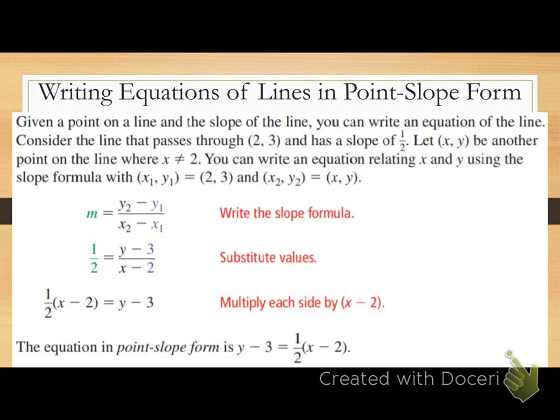Slope and intercept. I needed a slope. I needed my y-intercept to be able to build my slope-intercept form equation, correct? So if I have point-slope form, what do you think I need? The slope and a point on the line. So all I need is one point on the line and the slope of the line. Does that make sense? That's why it's called point-slope form. That's why slope-intercept is called slope-intercept form. Any questions about that?